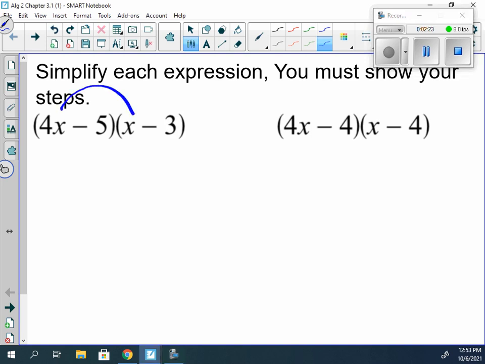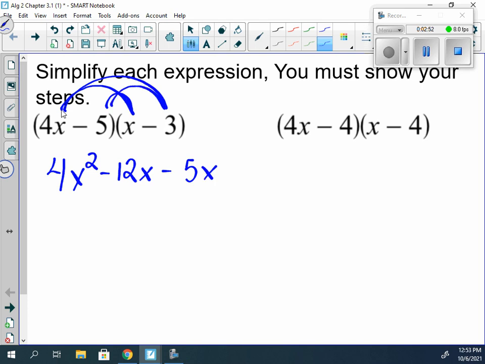So we'll do 4x times x, which is 4x squared, because x times x is x squared, and then 4 times 1 would be 4. And then we would do 4x times the negative 3. 4 times negative 3 would be negative 12, and we would still have the x. Then we'd have 5 times negative x, which would be negative 5x. And negative 5 times negative 3 would be plus 15, since the negative and negative make a positive.